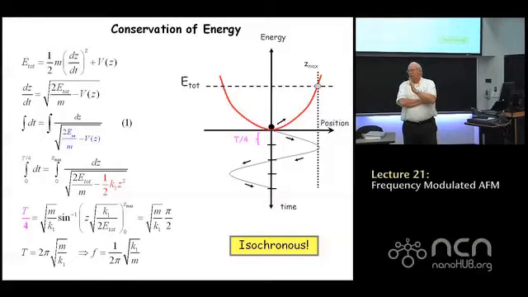Now, the advantage of this approach, you say, well, why do you go through all this trouble, because you can just solve the differential equation straight off? Well, the reason you go through all this trouble is because it gives you some insight into the situation when the potential well starts to become distorted, when it's no longer quadratic. And certainly the well that the cantilever oscillates in is very far from quadratic.